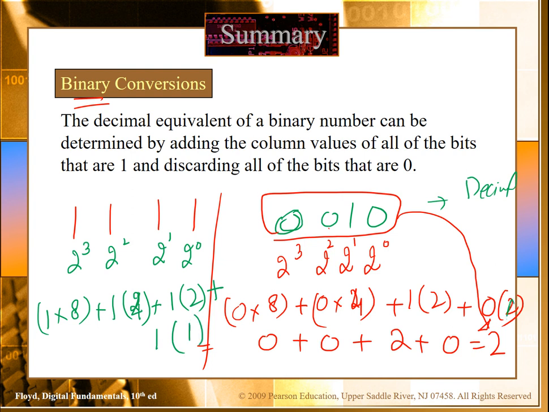So here it is 1, not 2. So it will be 8 plus 4 plus 2 plus 1, which is equal to 15. So 1111 represents the equivalent decimal number 15.